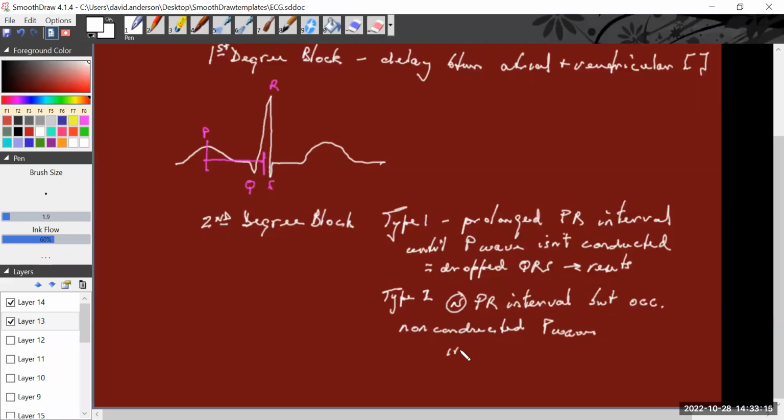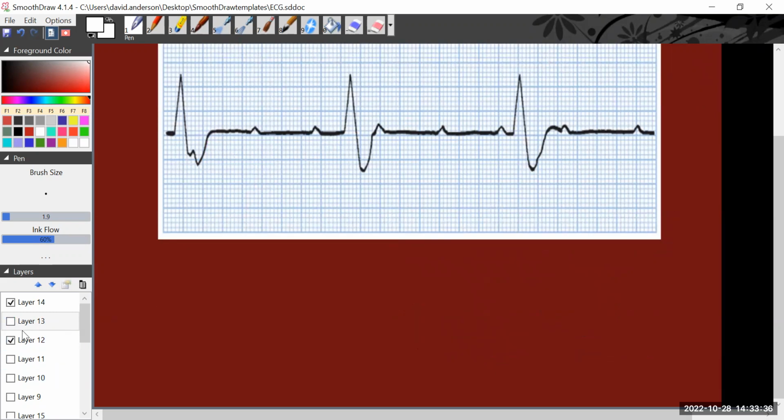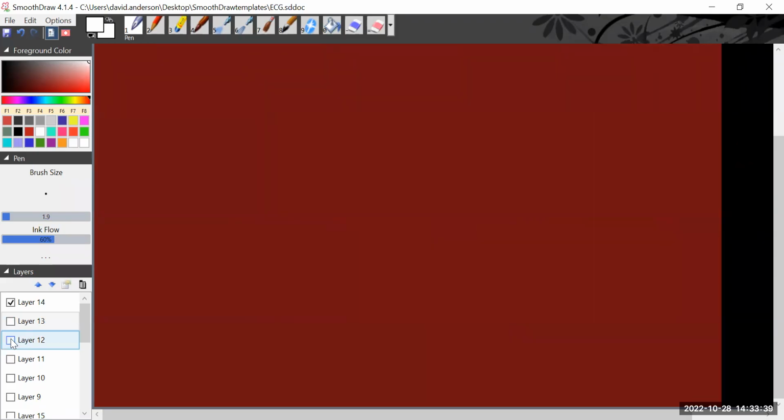So we see irregular, non-conducted P waves. So what we're saying now is that there'll be more missed QRS complexes.